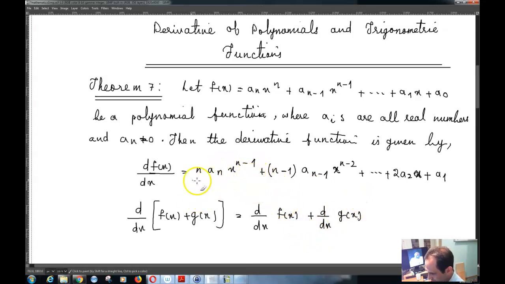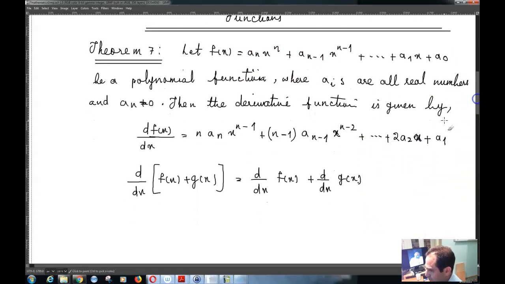So you can think of these terms as functions, and we also showed that d by dx of x raised to the power n is equal to n times x raised to the power n minus 1. So then the derivative of this function becomes the sum of the derivatives of all of these terms added together.